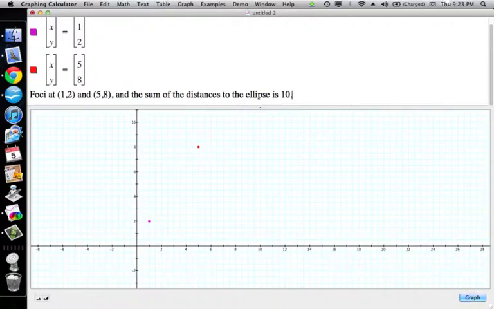Okay. So now what I need is I need a center. So my center is found using the midpoint formula.